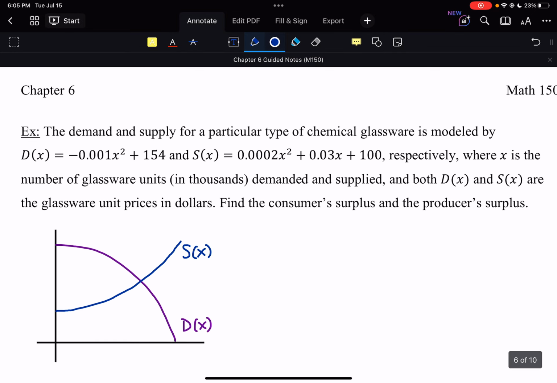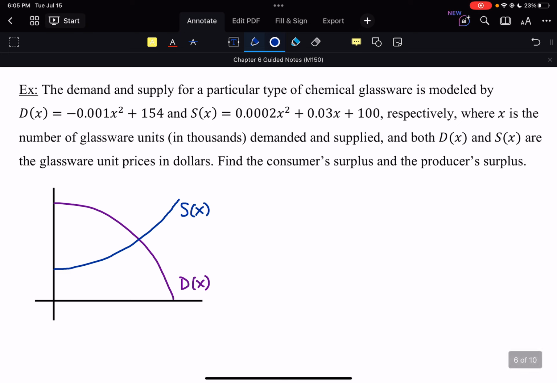All right, let's take a look at another example. So we have a similar case here. The demand and supply for a particular type of chemical glassware is modeled by these two functions for demand and supply, respectively, where x is the number of glassware units in thousands demanded and supplied, and both these formulas give the glassware unit prices in dollars.